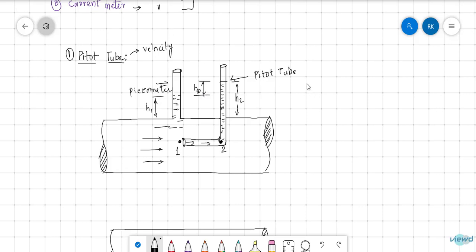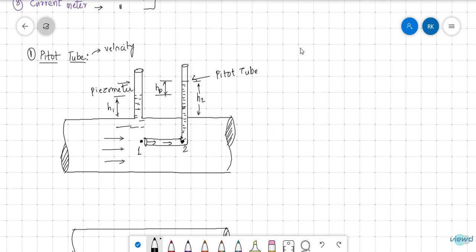So how do we measure the velocity? We know by Bernoulli's equation, P1 by W plus V1 square by 2G plus Z1 is equal to P2 by W plus V2 square by 2G plus Z2. We can see here 1 and 2 are at the same level from any datum. So Z1 and Z2 are equal, so both get cancelled.